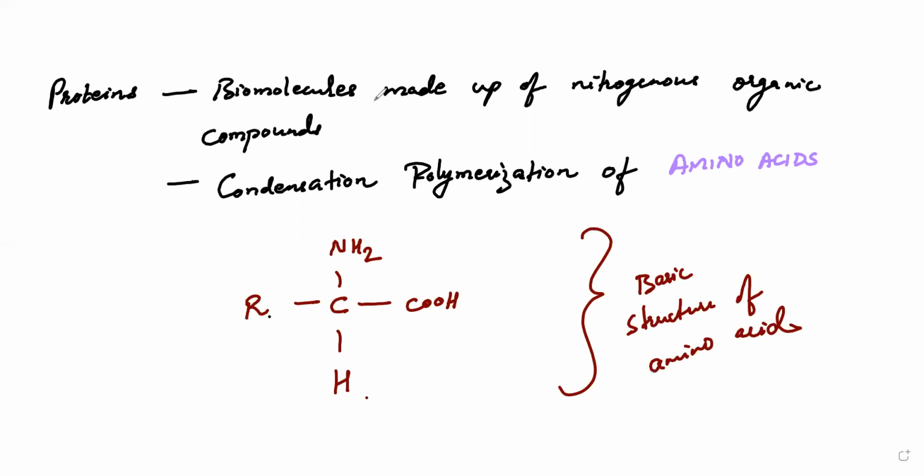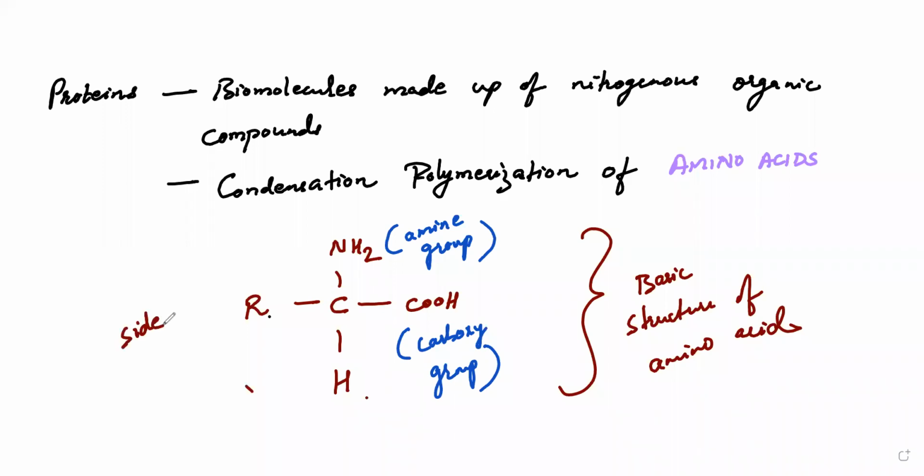Now, the first one, NH2, is the amine group. COOH is the carboxy group. And R is the side chain. Usually whatever proteins are there, they will be derived from the alpha amino acids.